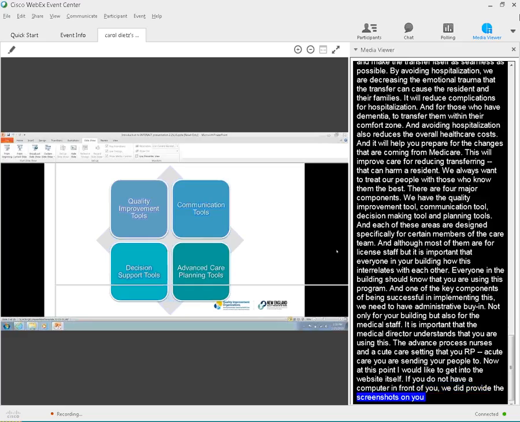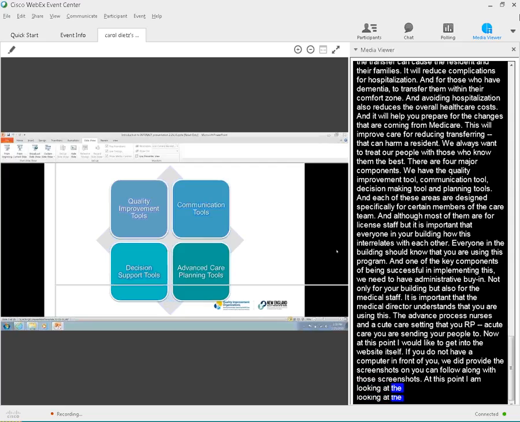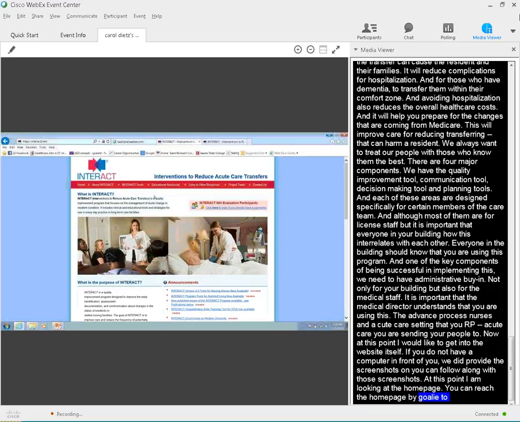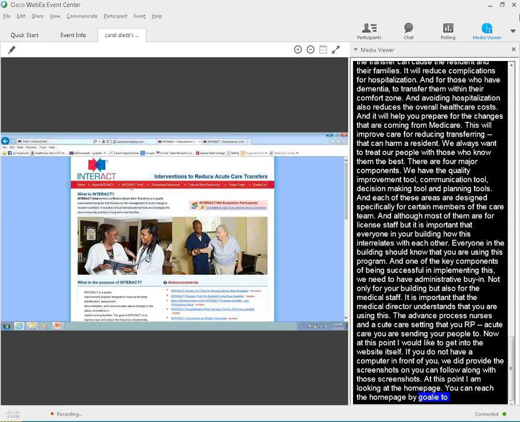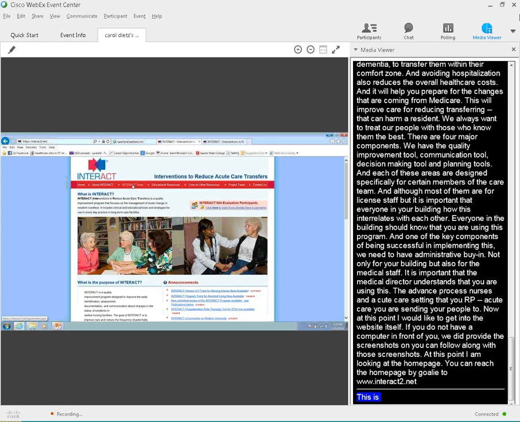So at this point, I am looking at the home page, and you can reach the home page by going to www.interact2.net. All right? So this is the home page. And to get into the nursing home tools section, you want to go click into Interact Tools.